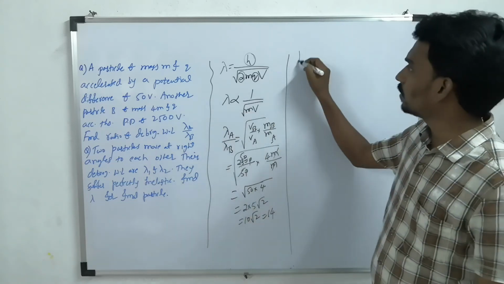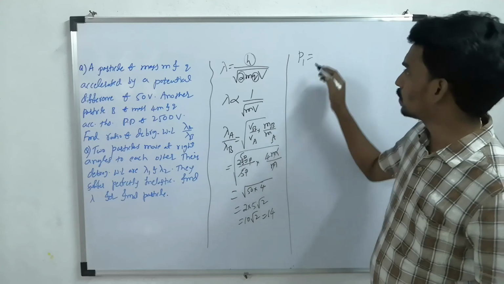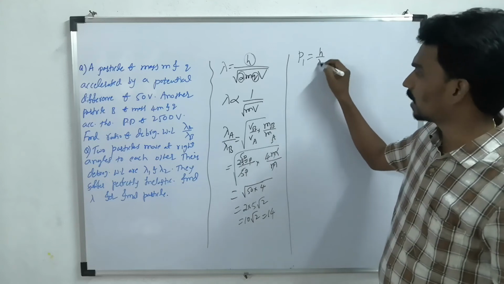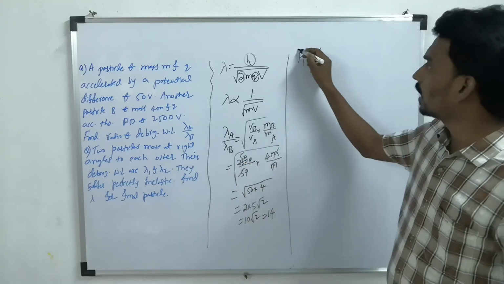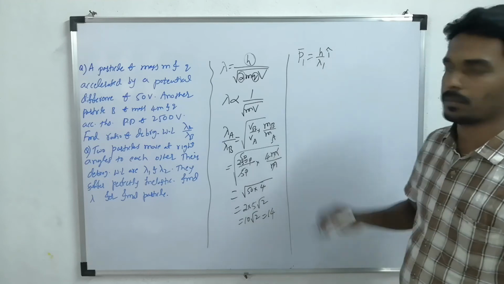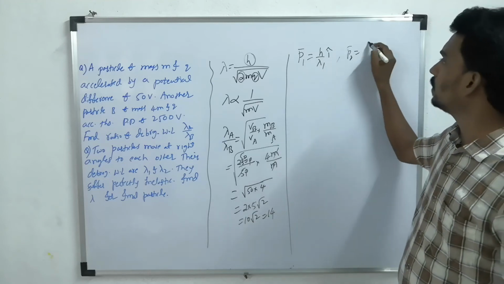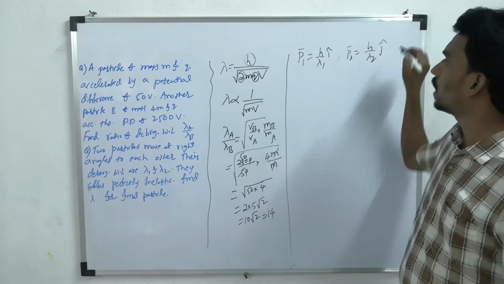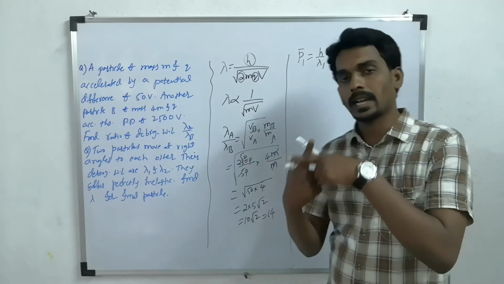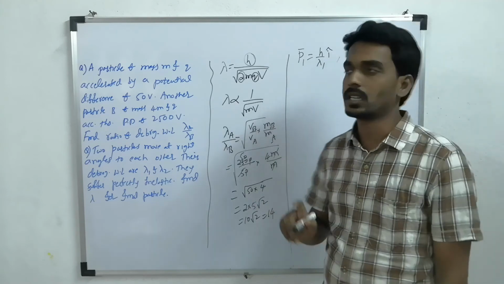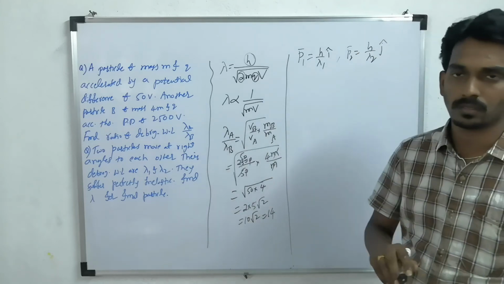Now, taking the individual linear momentum, P equals h by lambda: the first one is h by lambda 1 in vector form i cap, and P2 will be h by lambda 2 j cap, because they are moving at right angles, one along x and one along y. That's why I have taken i cap, j cap.